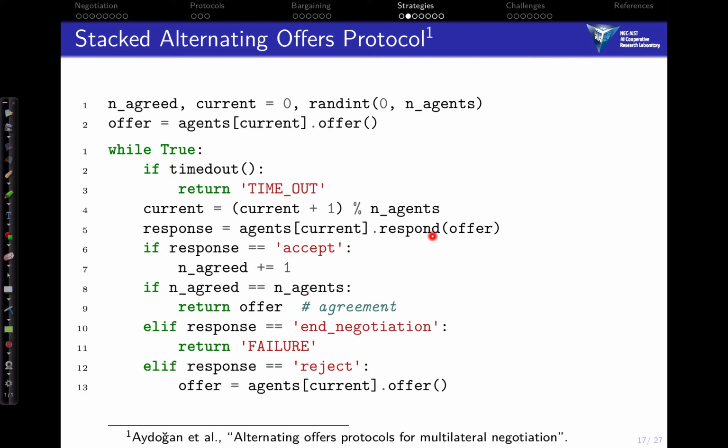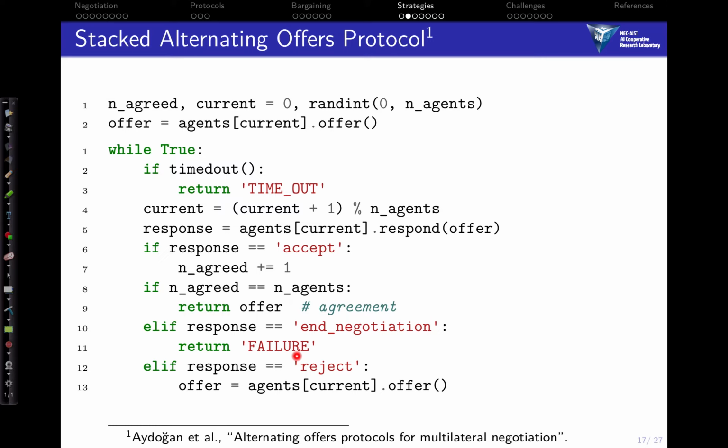It can have one of these responses. It can say accept. In this case, the number of agents that accepted increases by 1. And if the number of agents that accept equals the number of agents, which means that I offered something and everyone else in the negotiation accepted it, then return this offer as an agreement. Otherwise, if the response was end negotiation, then return failure, meaning that one of the people left the room.